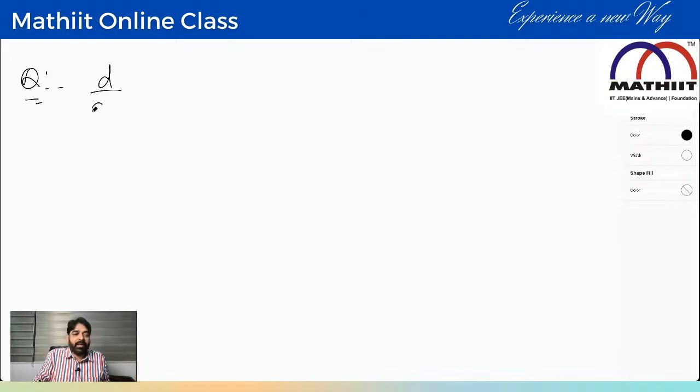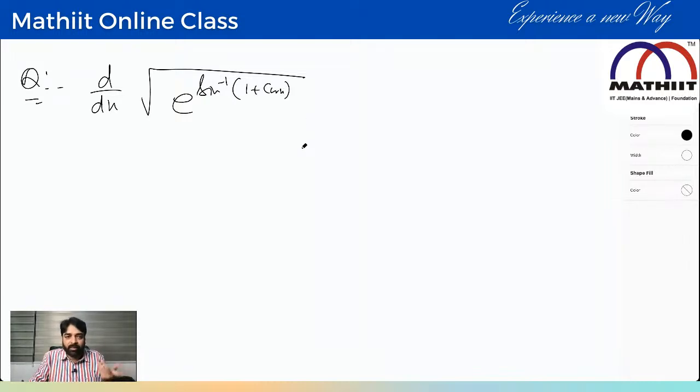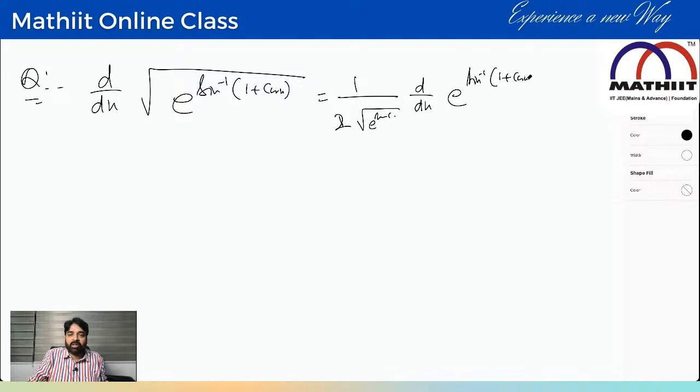Next question, d by dx of root of e power sine inverse of 1 plus cos x. I don't care how big or small it is, I care what is the first thing. This is a root. Any formula? Yes, root of something differentiation will be 1 by 2 root of that something, e power sine inverse and so on, into something differentiation. Who is the something? e power sine inverse of 1 plus cos x.